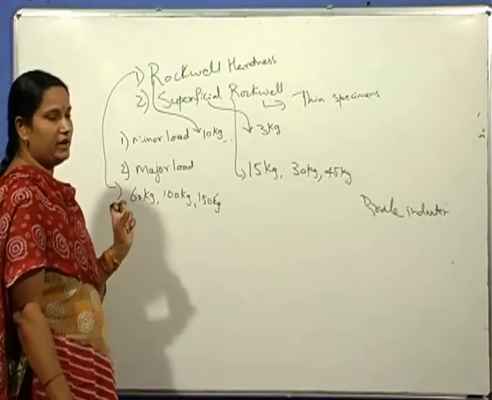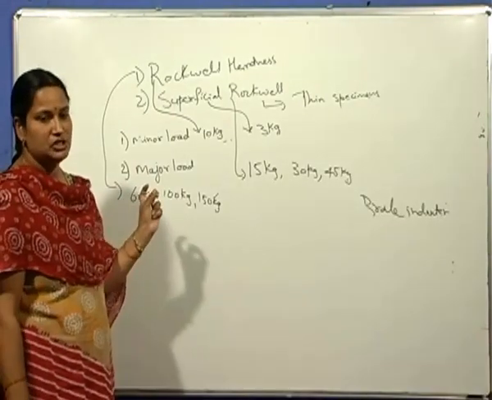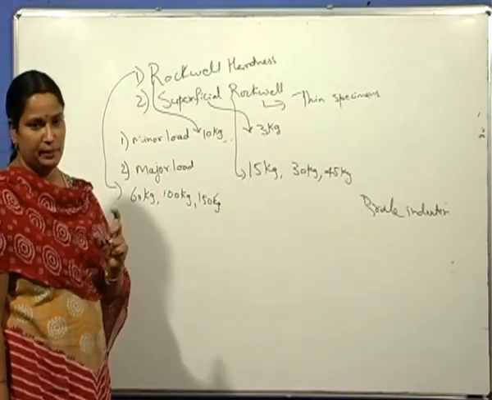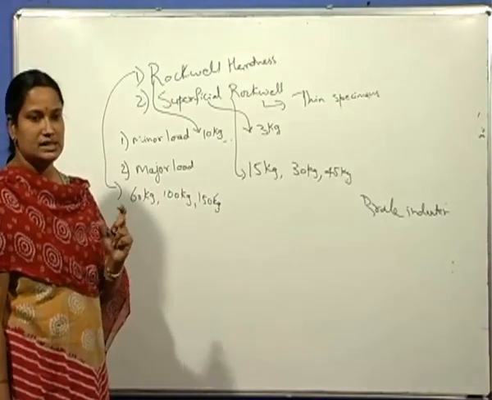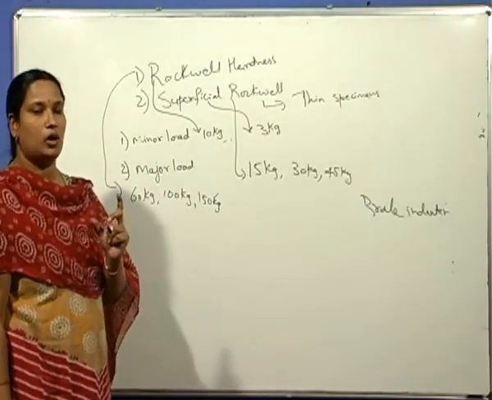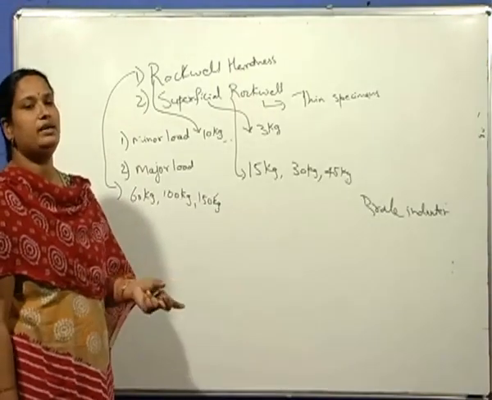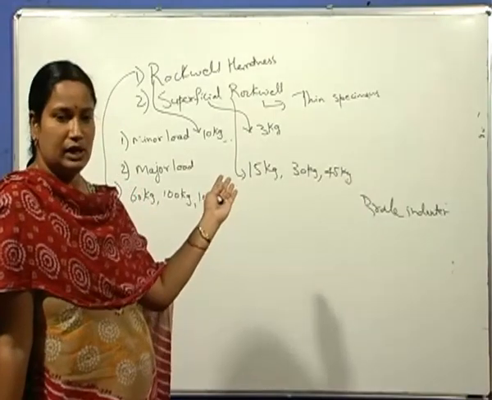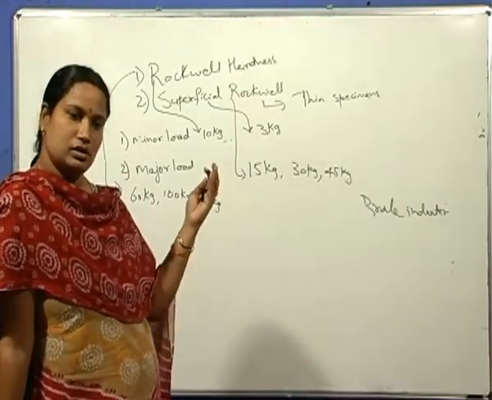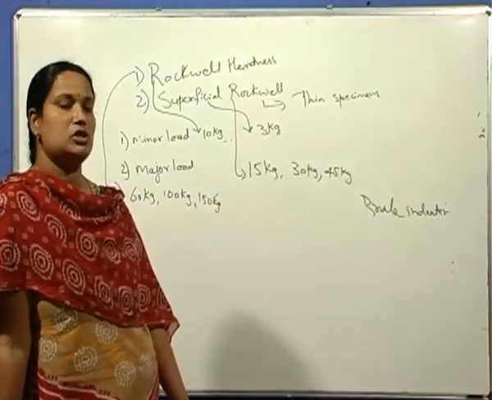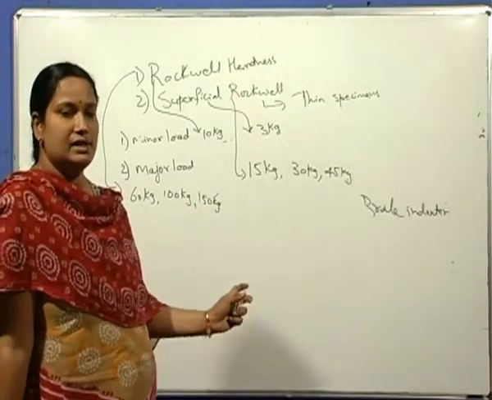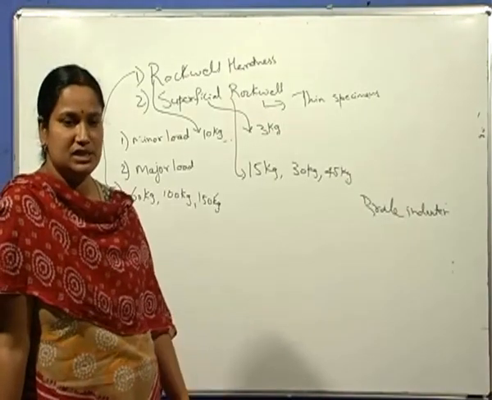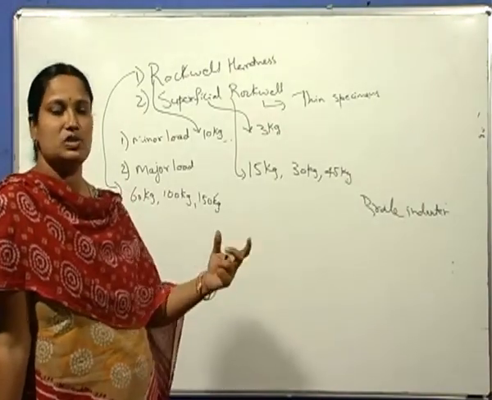In order to specify the hardness measured using Rockwell hardness, a scale has to be mentioned. The scale denotes a combination of major load and the type of indenter that is used, because as seen, we use different indenters: the diamond conical indenter, which is also known as Brale indenter, and in the case of ball indenters there are different diameters, 1 by 16th inch dia, 1 by 8th inch dia and so on.